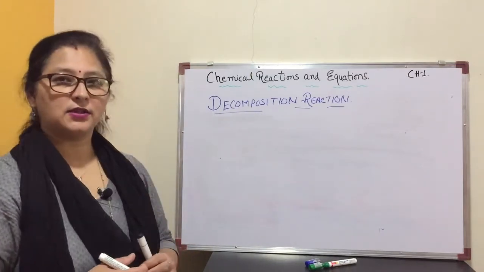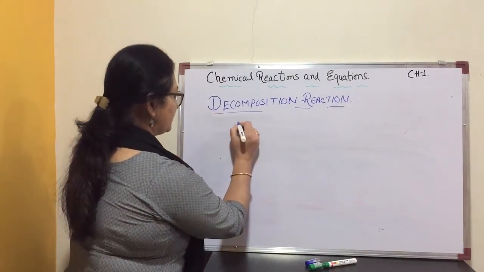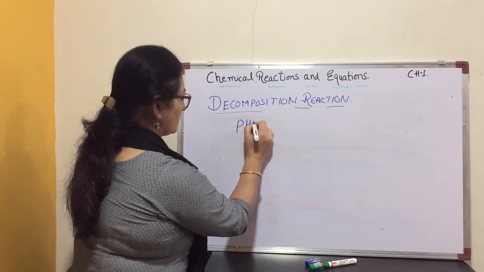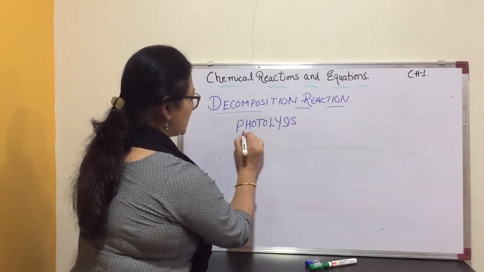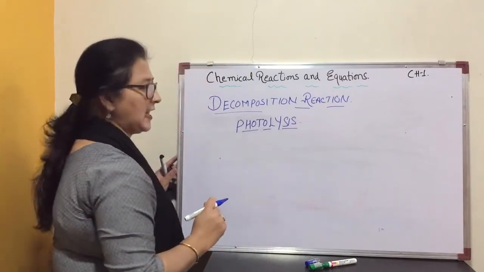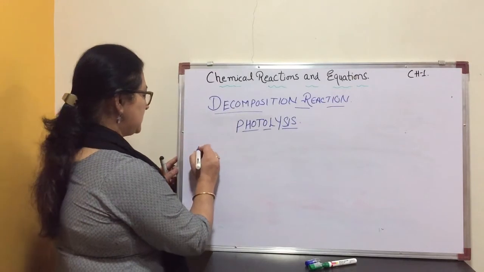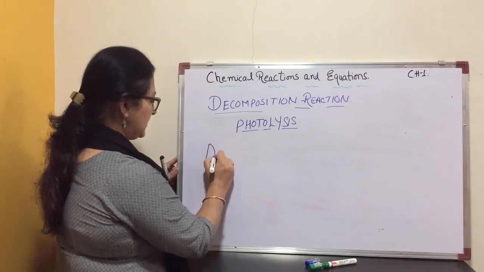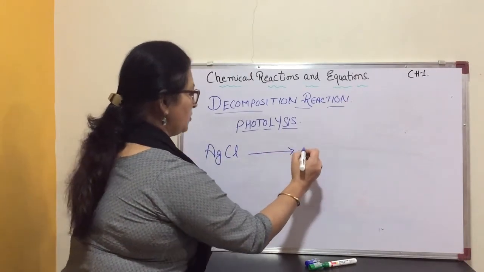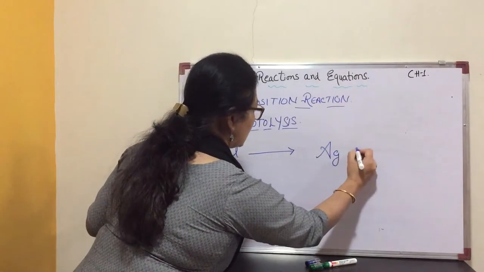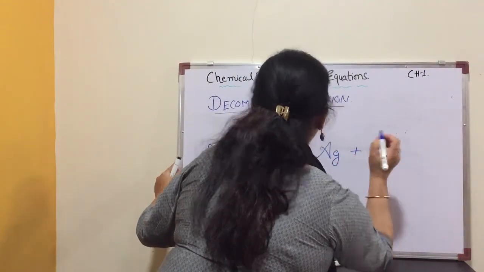So the third and the last decomposition is photolysis. That means the decomposition taking place with the help of sunlight. Here we have two equations where silver chloride is decomposed into silver and chlorine gas is released.